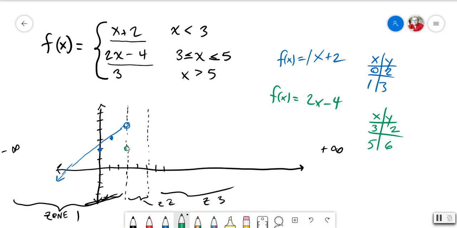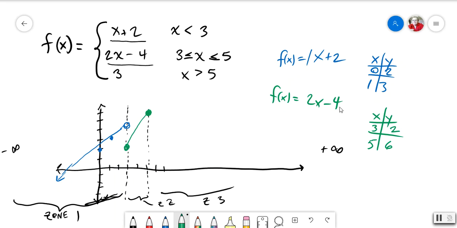This is darkened in because the inequality sign is included. 5, 1, 2, 3, 4, 5, 6. That is included also. I connect my dots.